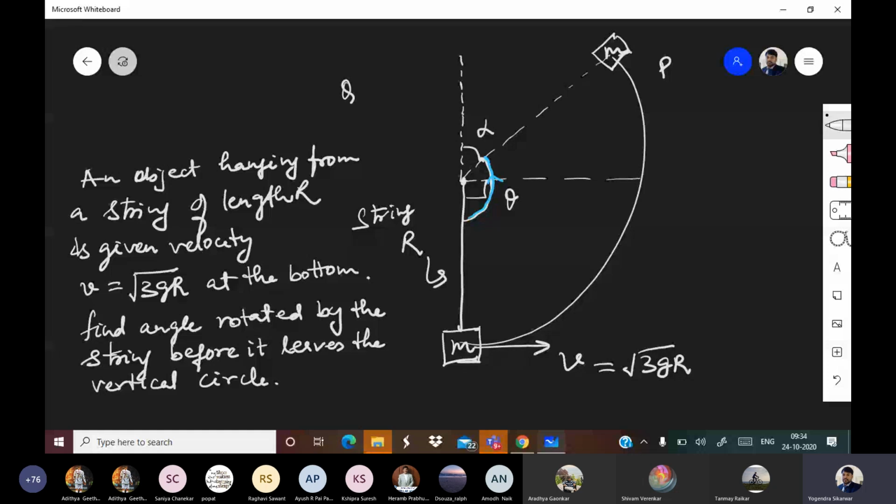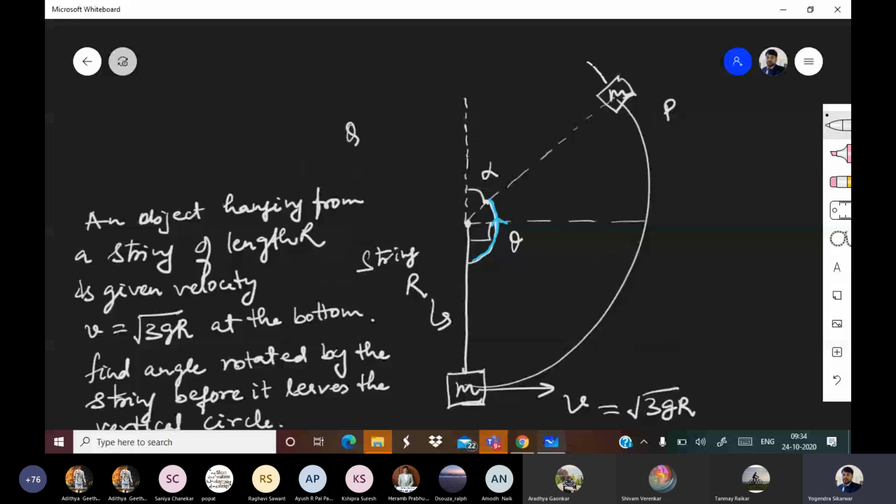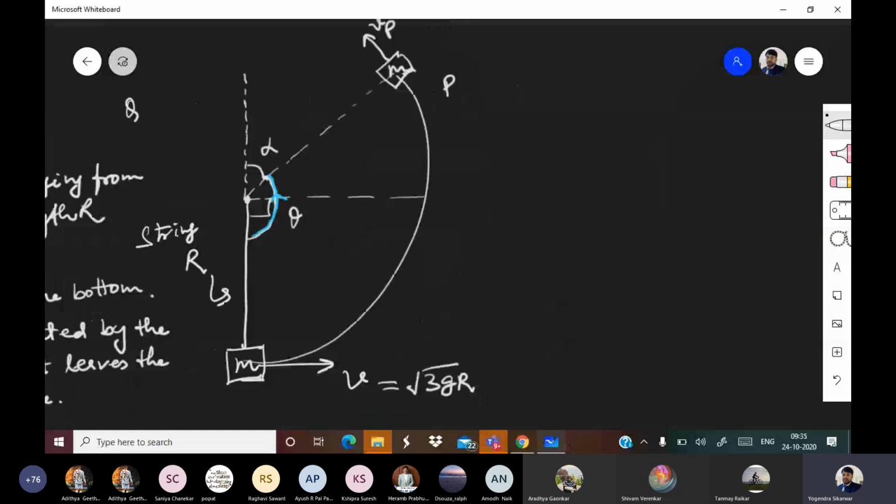Okay, now pay attention. First of all, we are considering that velocity at point P is Vp. All right. So let us apply MEC. In any of these type of questions, you need to apply two things. First is MEC and second is Newton's law.